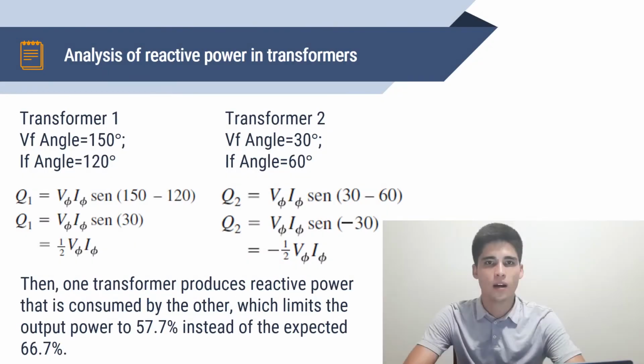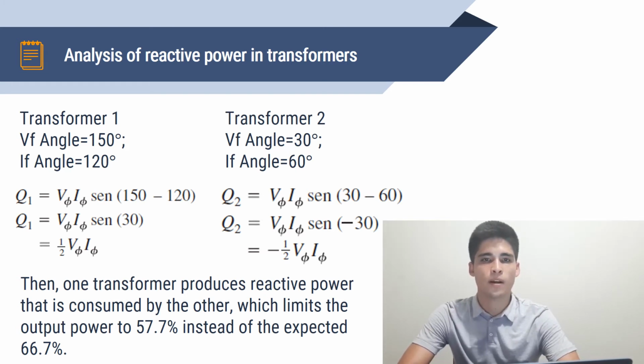Analysis of reactive power in transformers. The reactive power of transformer 1 is Q1 expression, and of transformer 2 is Q2 expression. So one transformer produces reactive power that is consumed by the other.